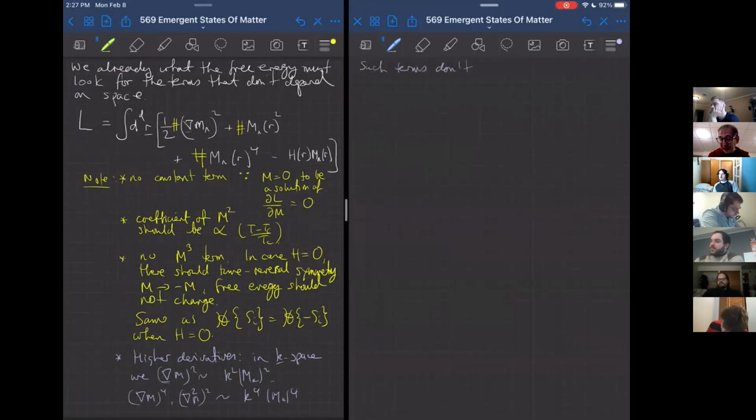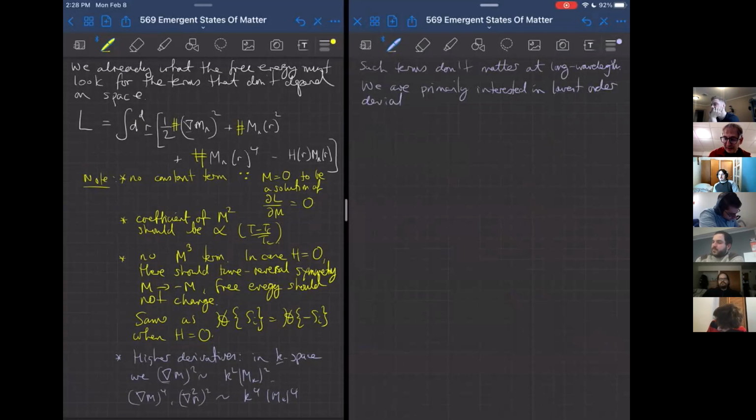don't matter at long wavelengths. So in other words, what I'm saying is we are primarily interested in the long wavelength behavior, so the lowest order deviations from spatial uniformity.